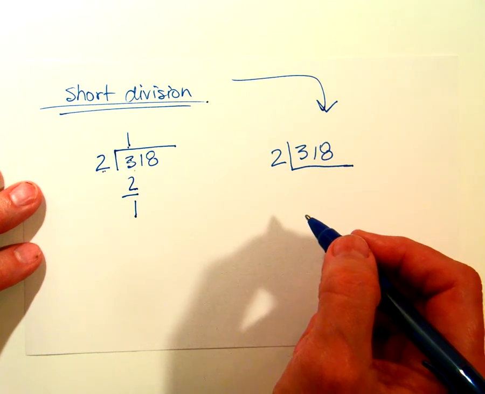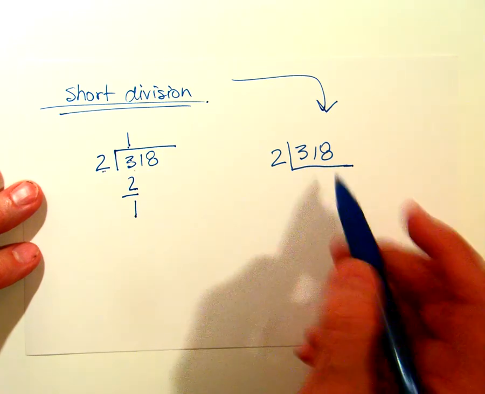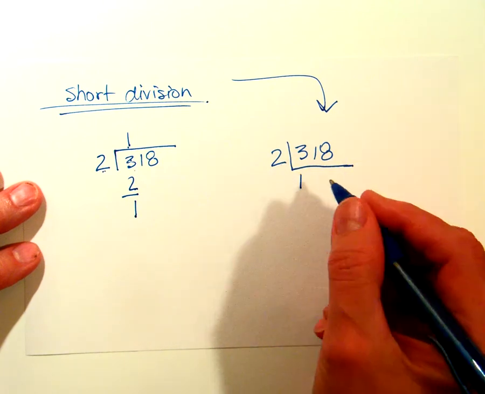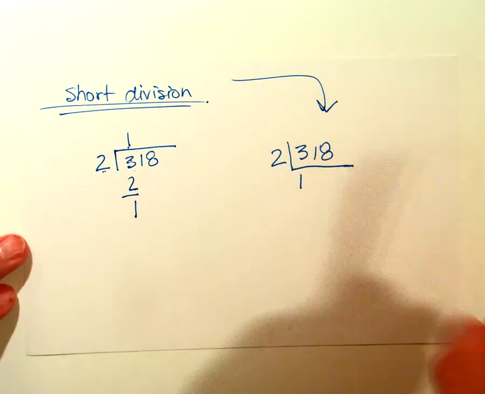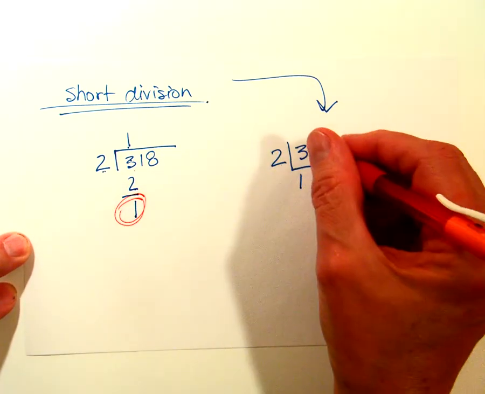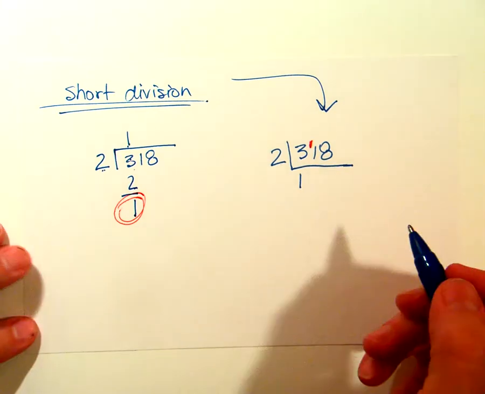So, let's do it. Come over here. We're going to do it upside down. The answer is going to be on the top. So now then, how many 2's are in 3? 1. After you took that 2 out, what was left over? 1. We're going to put the remainder right there. We're going to write it little bitty like that to remind ourselves what it is, and always write it. Don't just have it in your head.